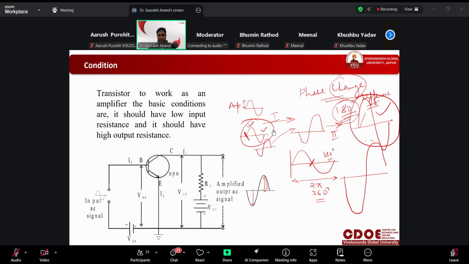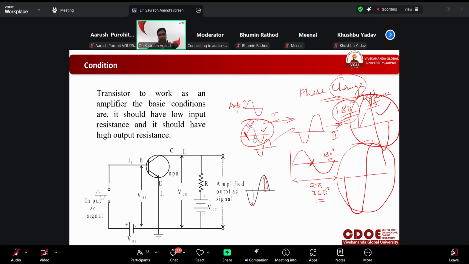This and this are out of phase but more amplified. So if we want to maintain the same phase, we have to use an even number of transistors. If we add only odd numbers, like 1, 3, 5, we will get 180-degree out of phase.